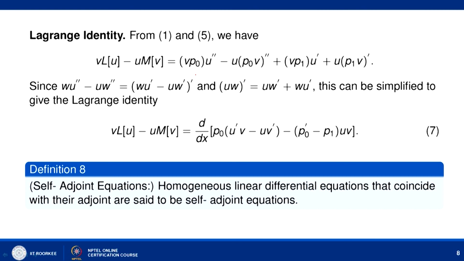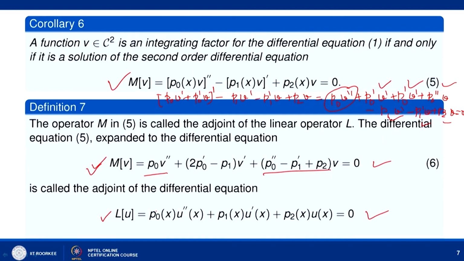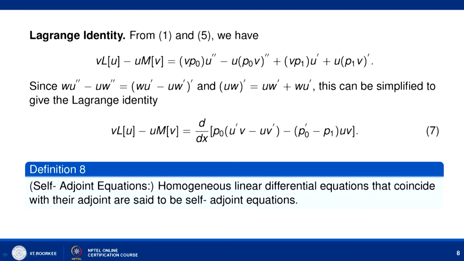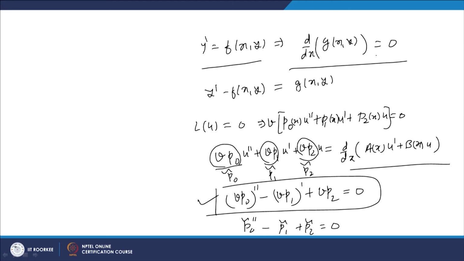So v Lu minus u Mv. When you write v Lu, Lu is what was already given in the previous slide. Now you multiply v here, minus u Mv, multiply u here and simplify.